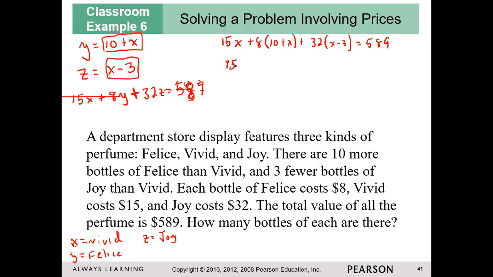So 15x plus 80 plus 8x plus 32x minus 96 is equal to 589.